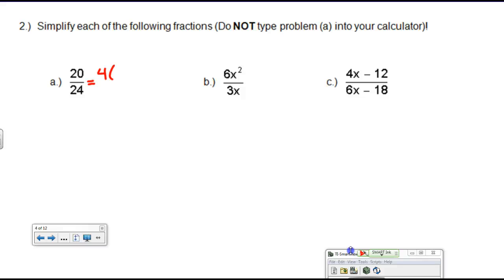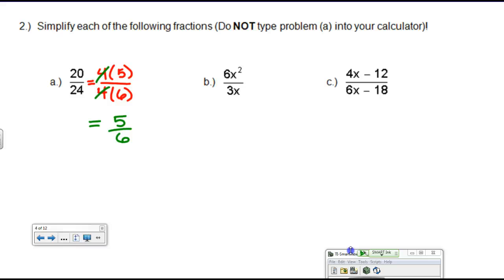So I can write 20 as 4 times 5, and I can write 24 as 4 times 6, and then what happens is the common factors of 4 divide out, and that's why you get a final answer of 5/6. So that's the idea that is really going to be there for all the problems when you're simplifying, even the ones that look really complicated: you're trying to divide out common factors.